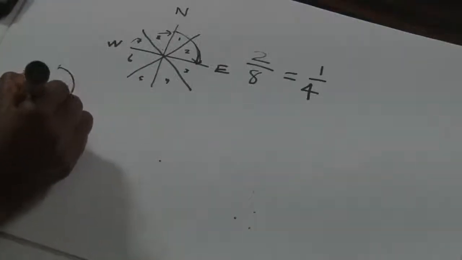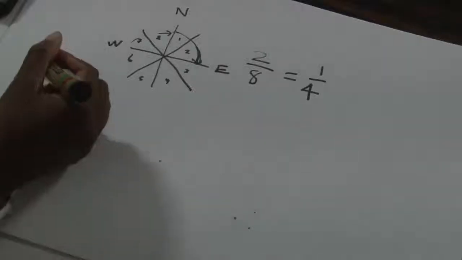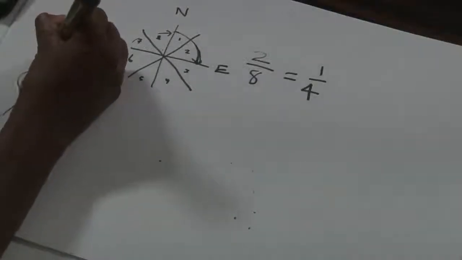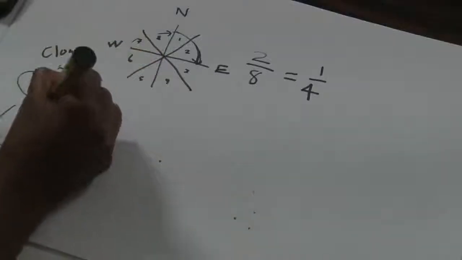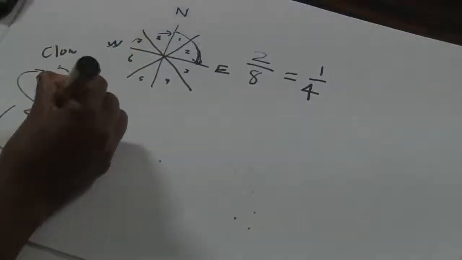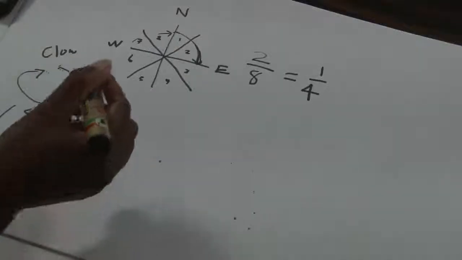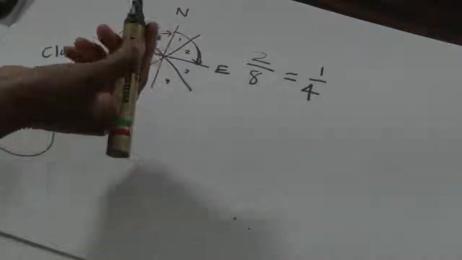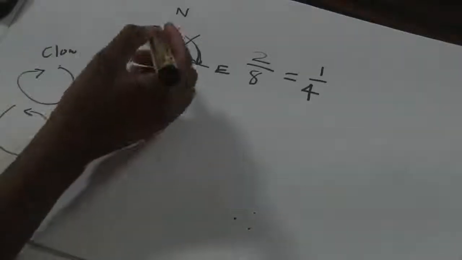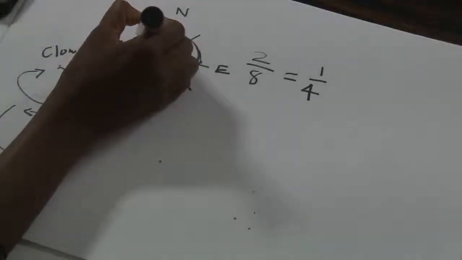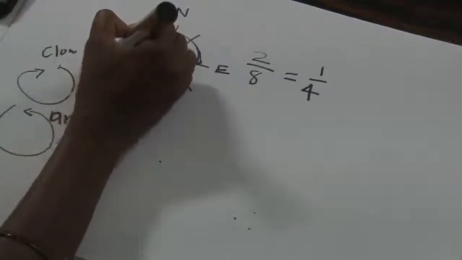You can look at your watch now. So this is clockwise, and this is anti-clockwise. So now Jill is going anti-clockwise. So she turned and she's going the opposite.